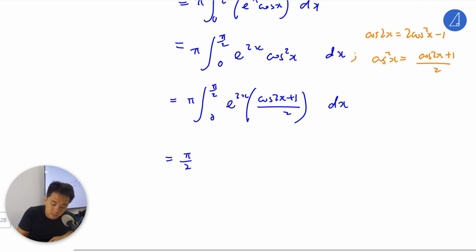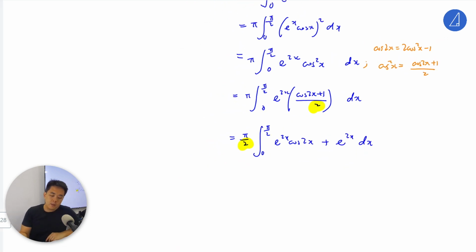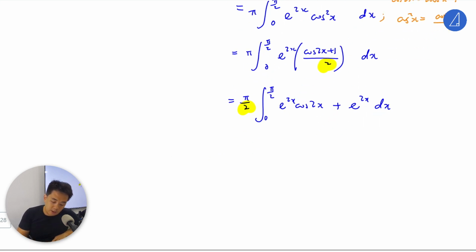The 2, I bring it out. It is integral from 0 to pi over 2. Okay. This e^2x is easy to manage. We know how to integrate this one. This is from part B. So you just write this down.